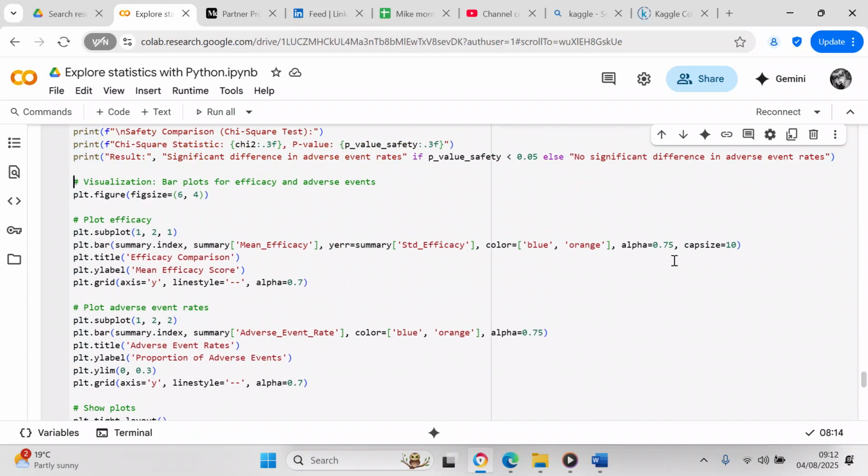So now what we're going to do is visualize the data with a bar chart for efficacy and adverse events.